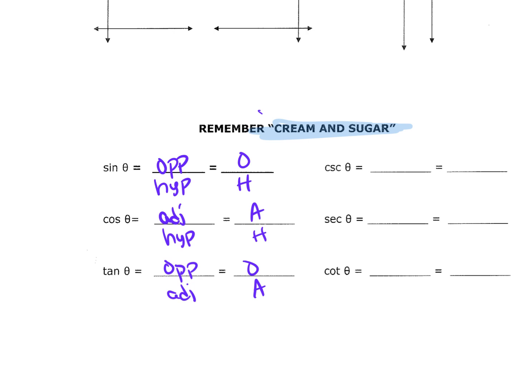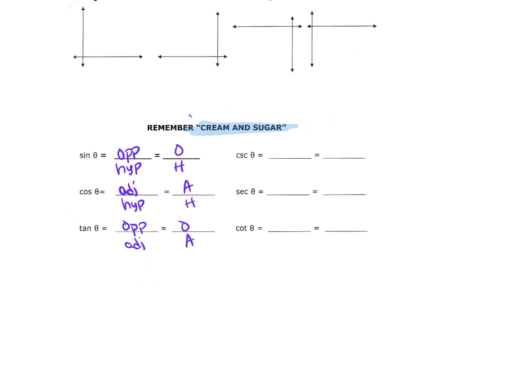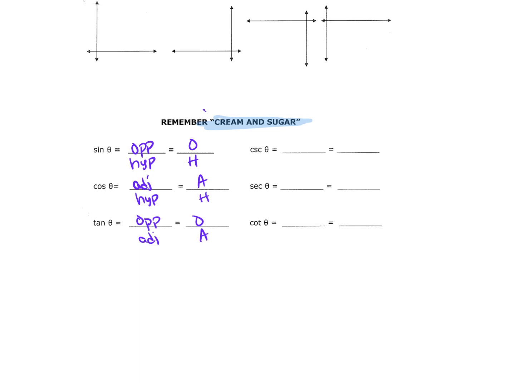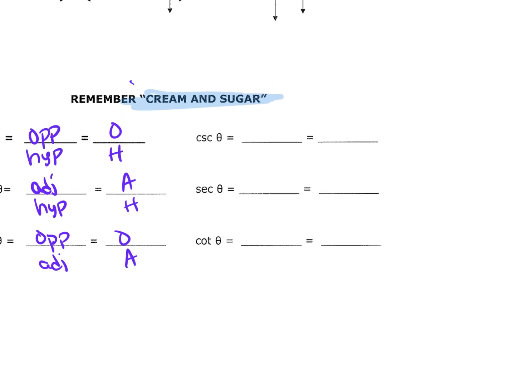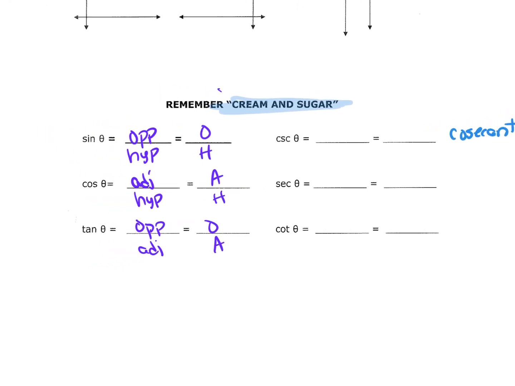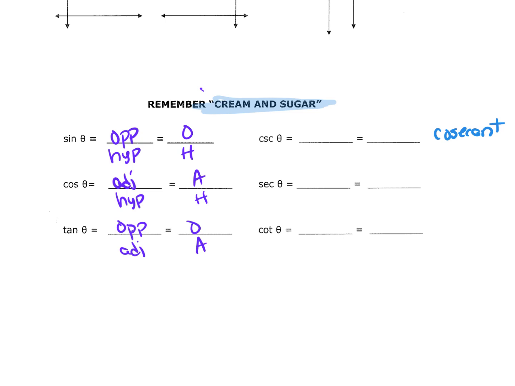So the reciprocal of sine is cosecant, and if you notice, it's shortened by writing it as CSC. The reciprocal of cosine, if you notice, is secant. And the reciprocal of tangent is cotangent.